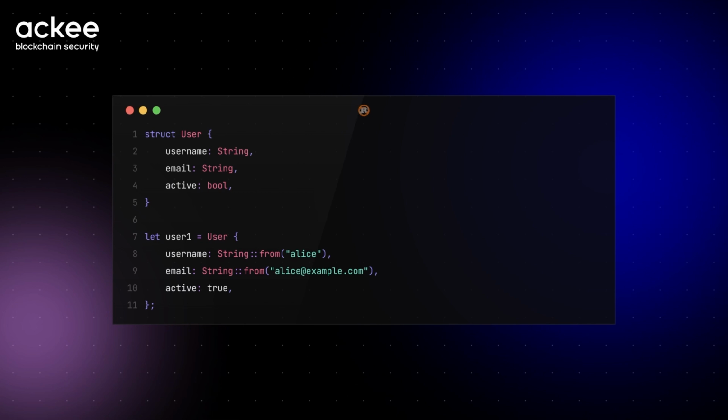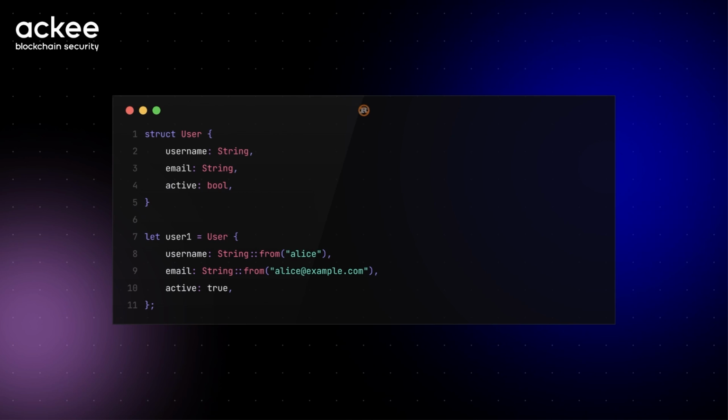You can even have nested structures or nested structures and enums, for example. So you can have a structure which contains an enum, you can have enums which contain structures, and so on. But yeah, as the definition says, it groups related data.